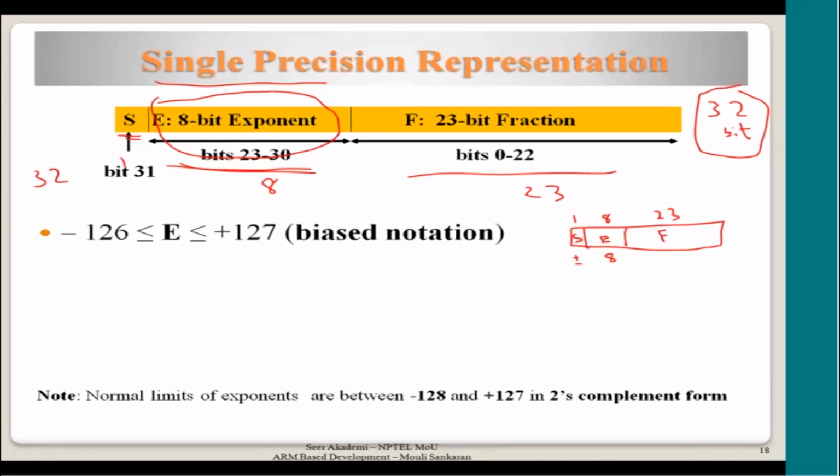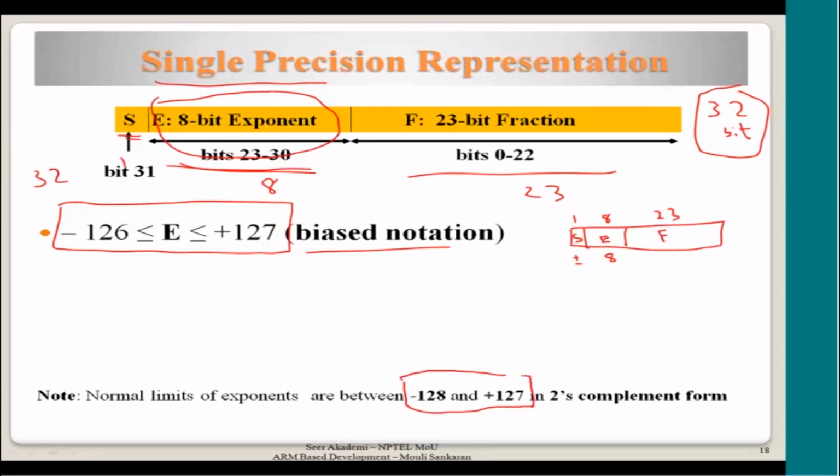Now let me tell you one important point. The exponent is defined like this. I will explain it in the next slide. This is called bias notation. It varies from -126 to +127. If you recall 2's complement notation, let me explain here. I told you the exponent is an 8-bit number, so it will vary from 0 0 0 to all 1 1 1.